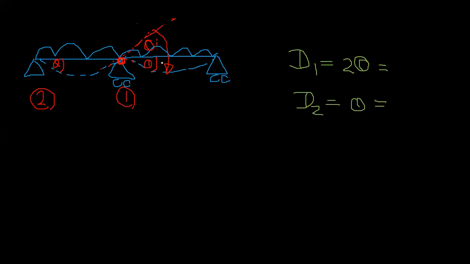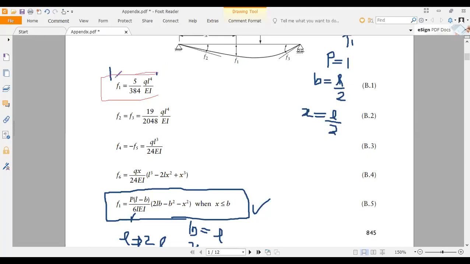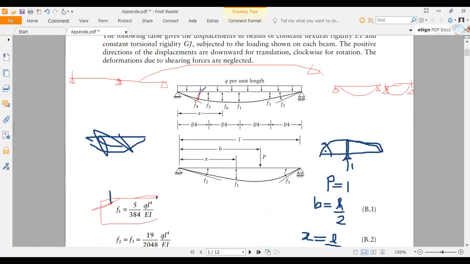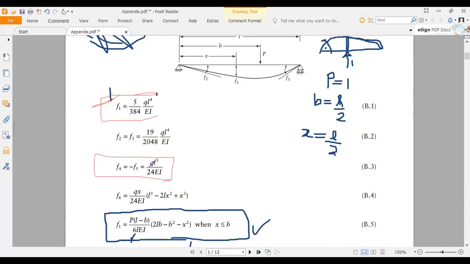Now it's multiplied by 2, right? So it's W L, I don't know, it's L cube or something. Let me see again. Yes, sorry, not here, L cube, right? F4, this part, right? It's QL cube over 24 EI.